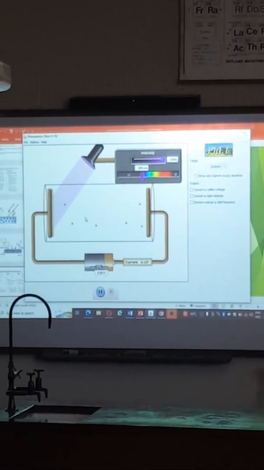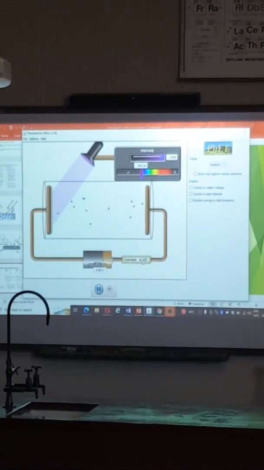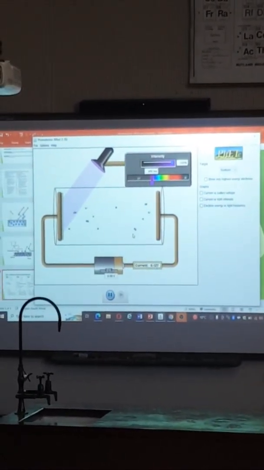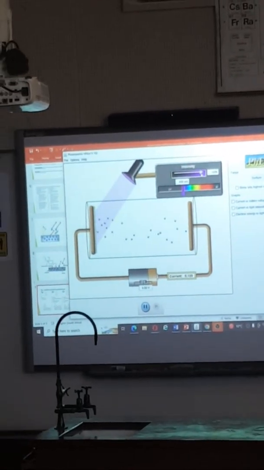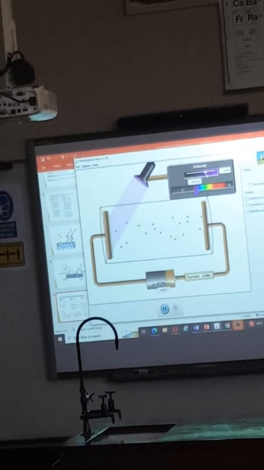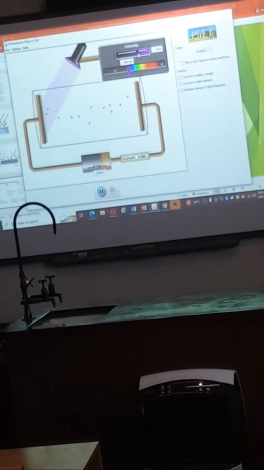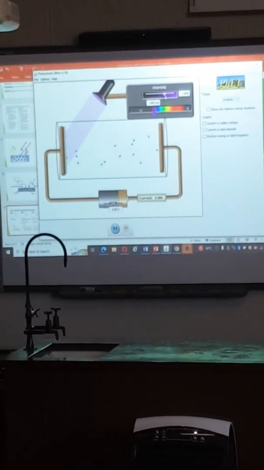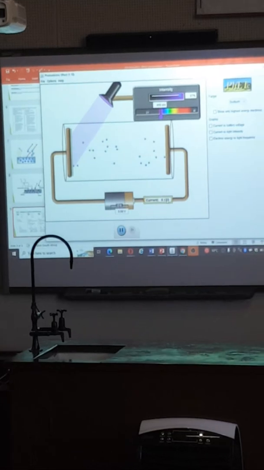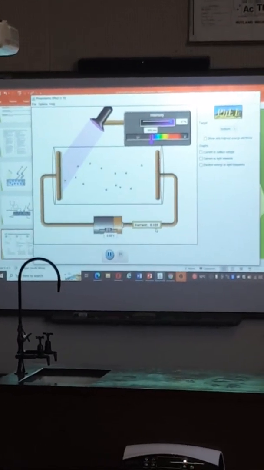Of course, notice the current here. Let me reduce it again, and then you are going to notice what is going to change on the current. You see? Why? Because the current depends on the number of electrons. So the more you increase the intensity, there will be more current that is going to flow.